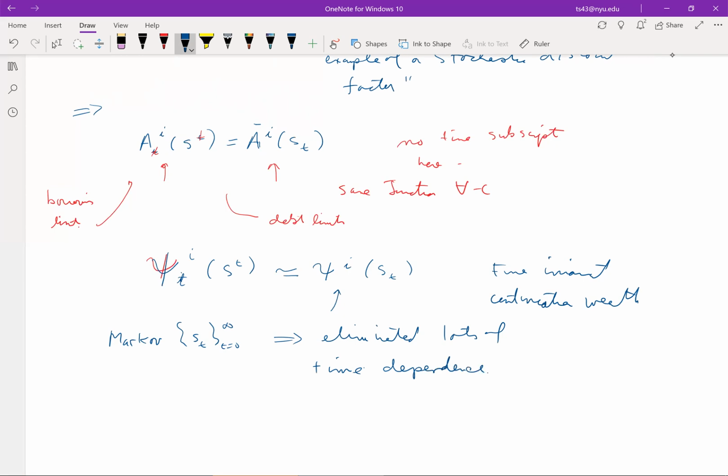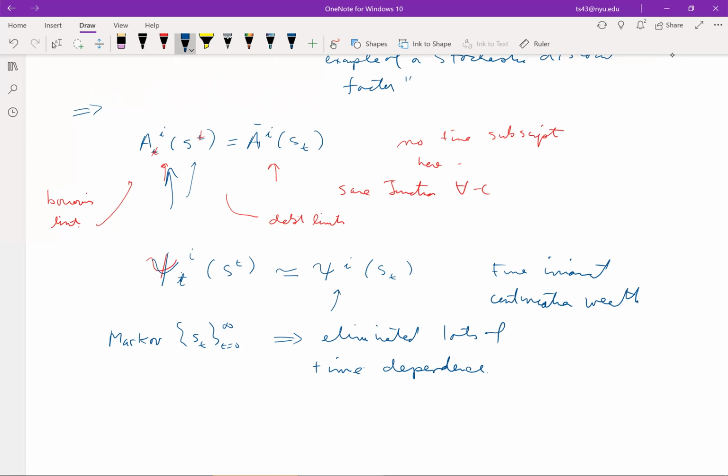And statisticians and econometricians like that because we've far reduced the number of parameters. Instead of having a separate function here for every t with an increasing number of arguments, in one fell swoop we've reduced the number of arguments.